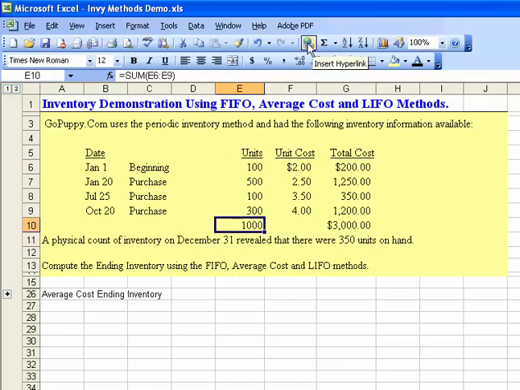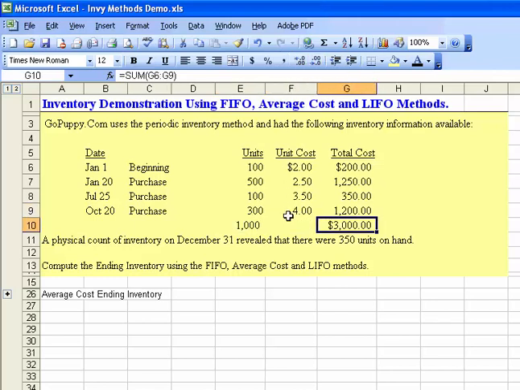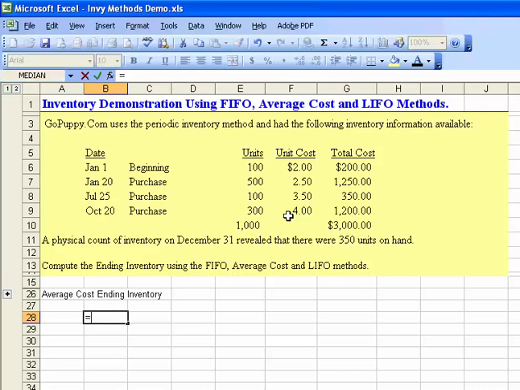Okay, so I have 1,000 units in this case, and $3,000 of cost. So what I'm going to do is take that, equals $3,000 of total cost, and divide that by the number of units, which would be that cell right there, and I come up with an average cost per unit.